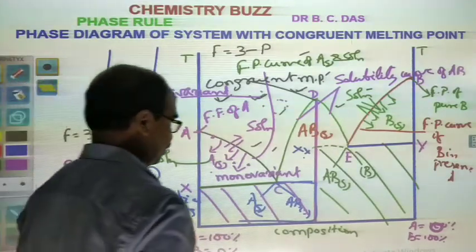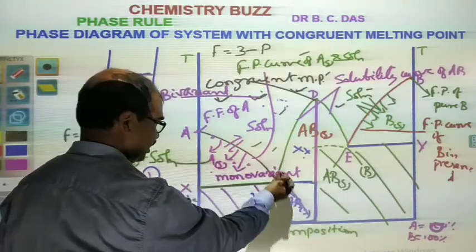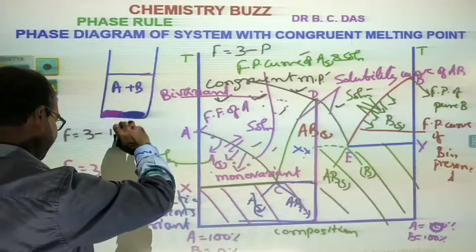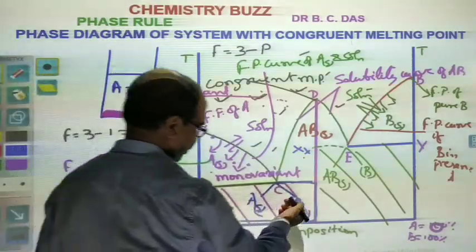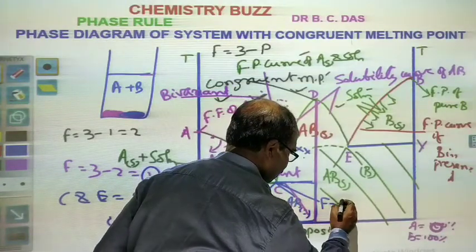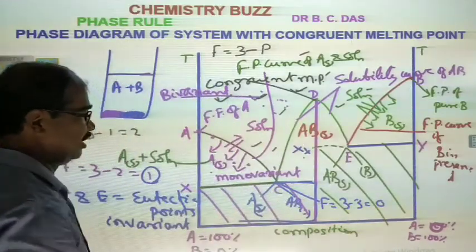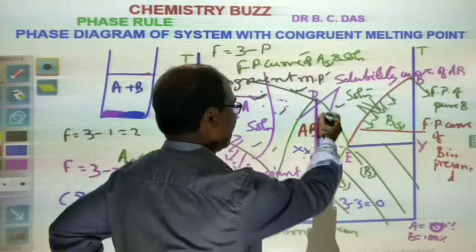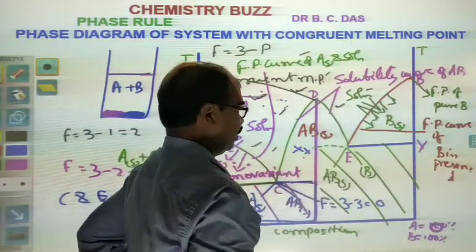So why invariant? Because three phases coexist, two solids and the solution. So 3 minus 3 is equal to 0. For this point, F is equal to 3 minus 3 is equal to 0. So this is invariant, and E is also invariant. And the point D is the congruent melting point.